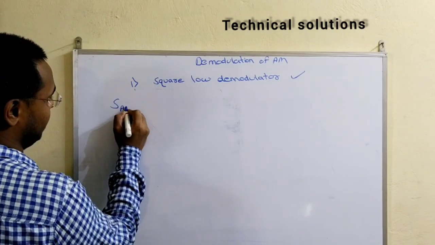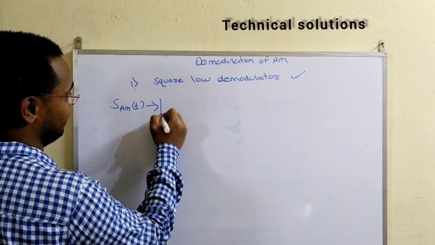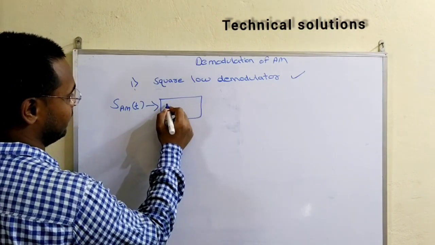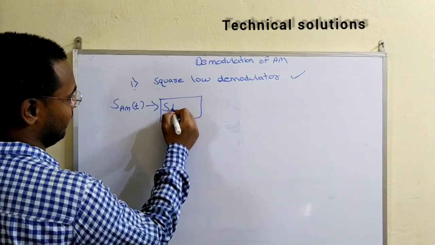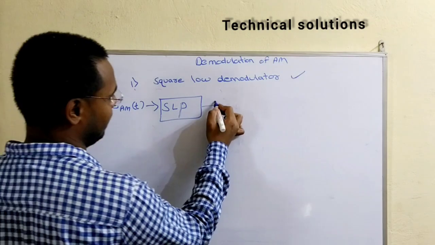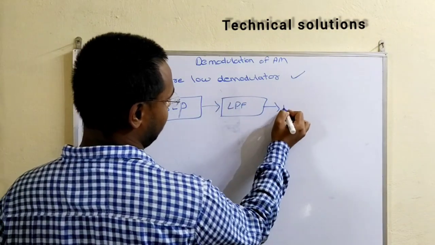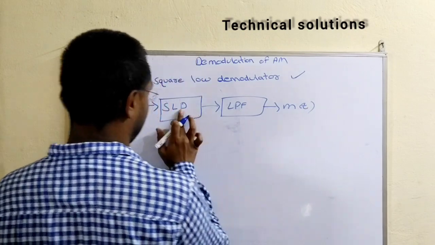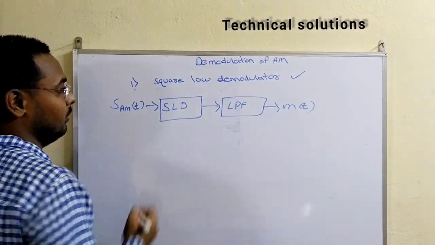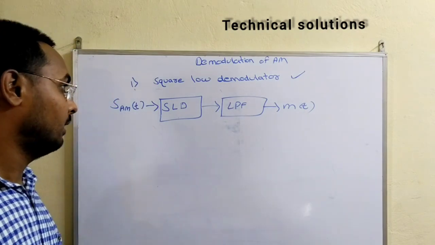Here is our AM signal which we have to demodulate. We use a square law detector device. After that we use a low pass filter, and then we get the final result.